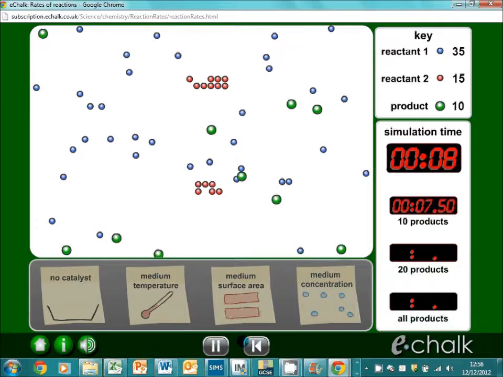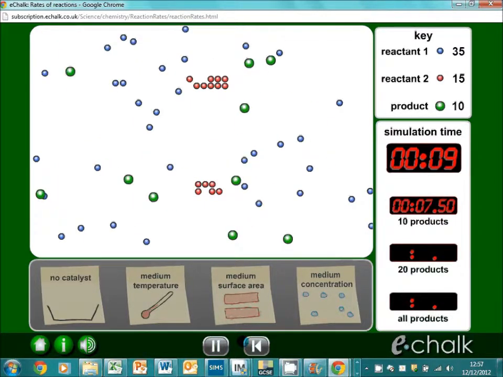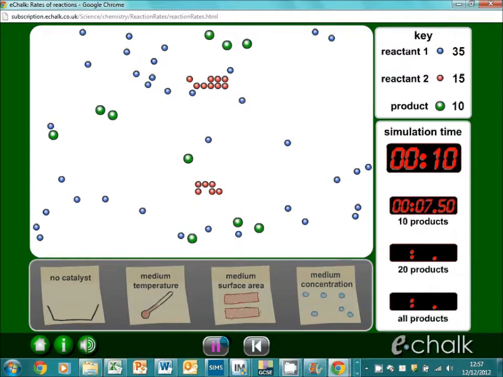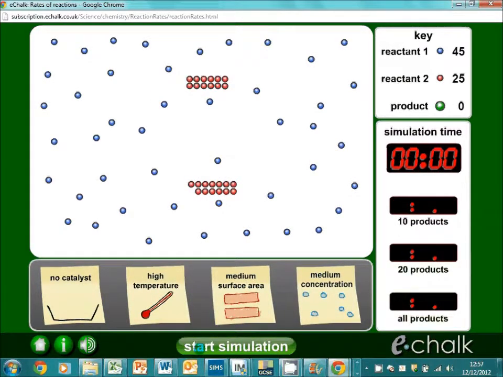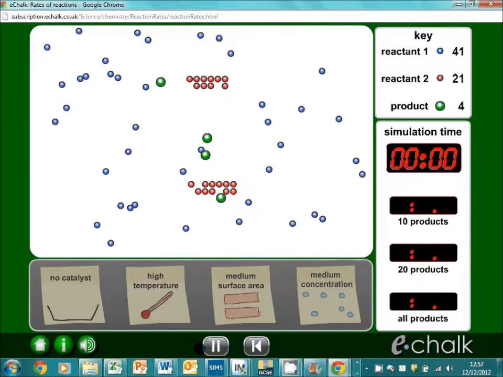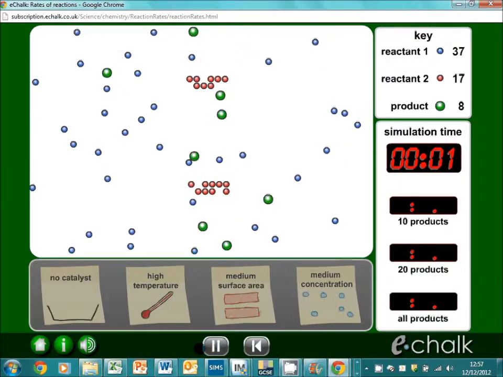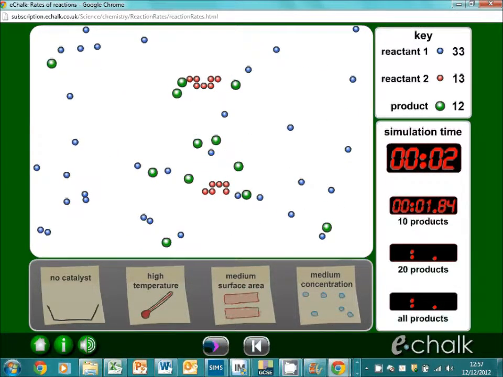So this took 7.5 seconds to react and produce 10 of our product. If we then increase the temperature further, the particles will move around faster. As you can see here, the faster they move, the quicker they produce your products. So that took 1.84 seconds to produce as many products as it did in the previous one.